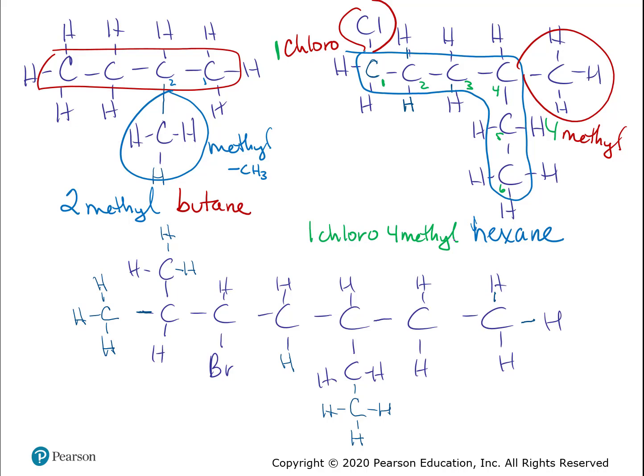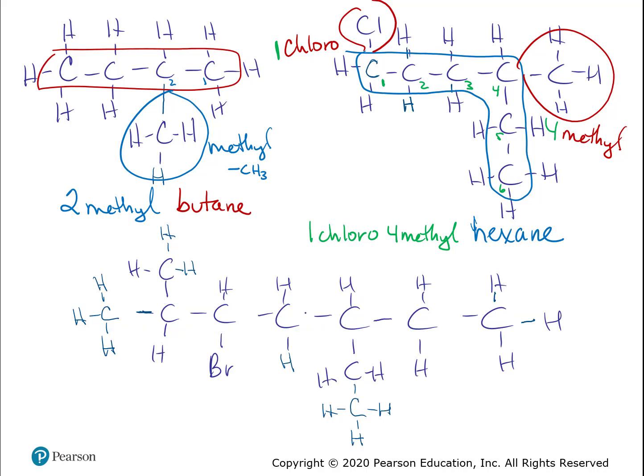So find the longest carbon chain. Tell me how many. How many do you see? 7. So 1, 2, 3, 4, 5, 6, 7 is straight across.